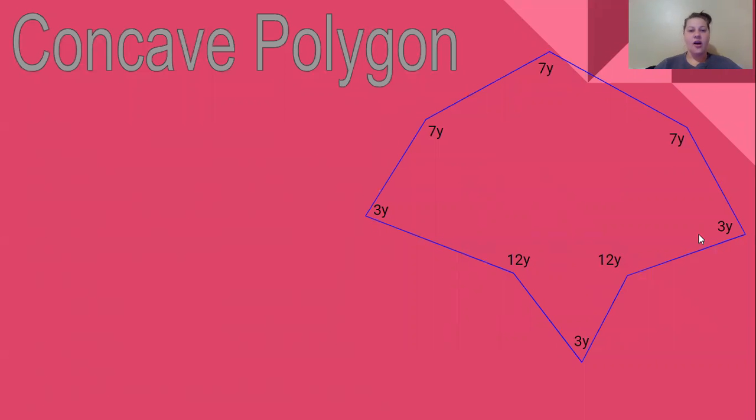Now we have a concave polygon. Now, what makes this concave? That's a very simple thing to add.